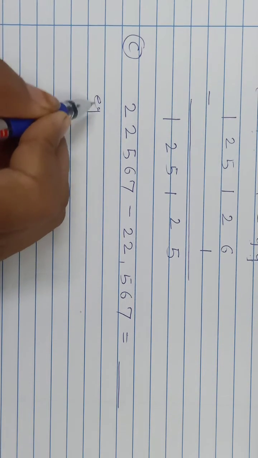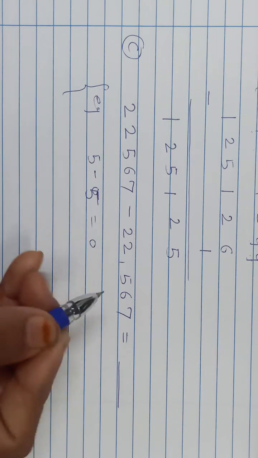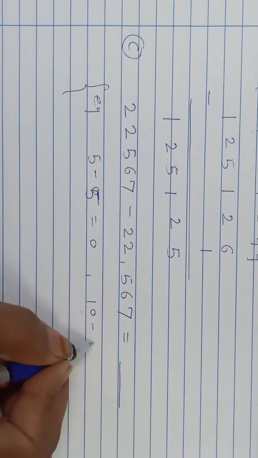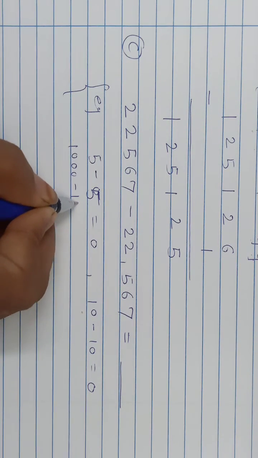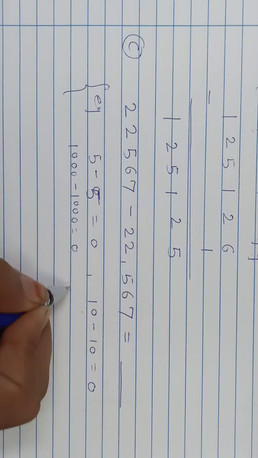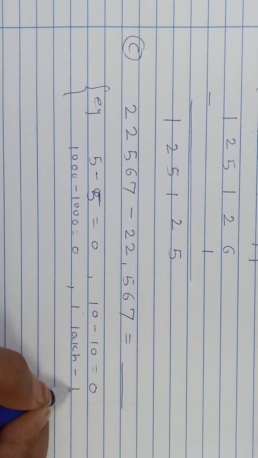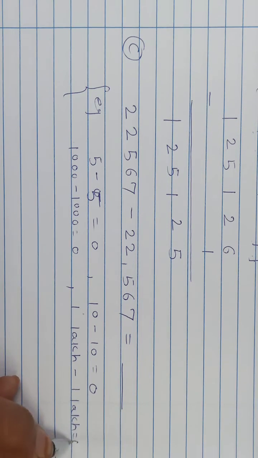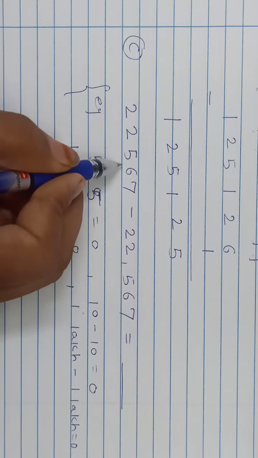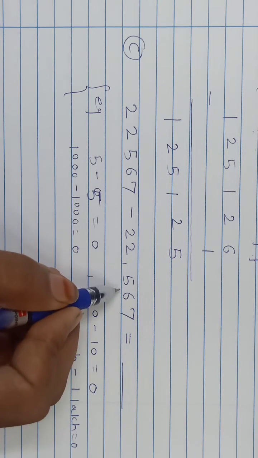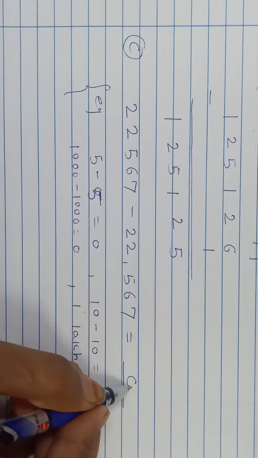For example, 5 minus 5 is 0. 10 minus 10 is 0. 1,000 minus 1,000 is 0. 1 lakh minus 1 lakh is equal to 0. Same here, 22,567 minus 22,567. The answer is 0.